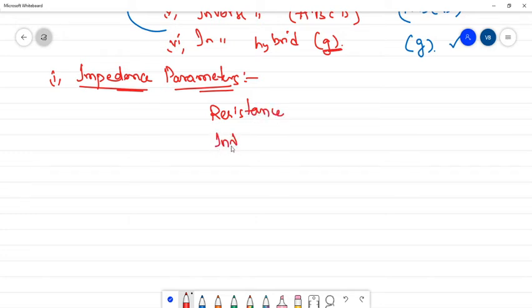Where are we going to calculate the resistance and where are we going to calculate the impedance? If we have only the real part of any parameter, like voltage or current, then we calculate the resistance.